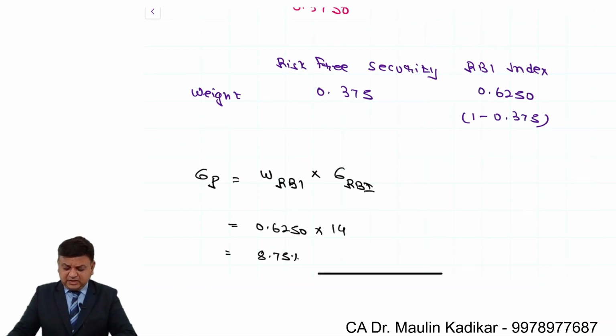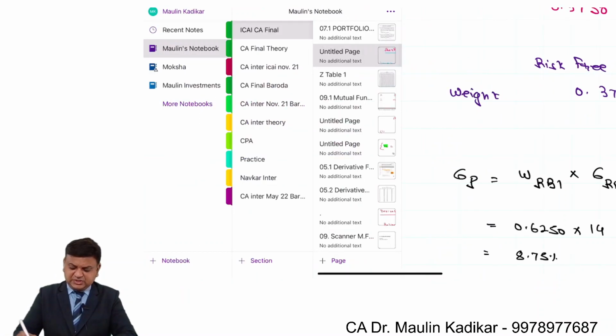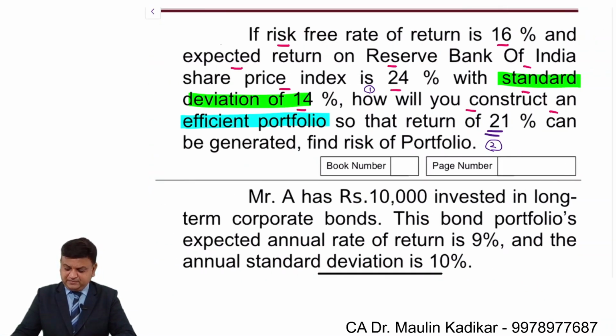Now, friends, the question provides one piece of information: how to construct an efficient portfolio. The term efficient portfolio stands for a combination of the risk-free security with the best portfolio. Best portfolio means a portfolio having the highest Sharpe ratio.